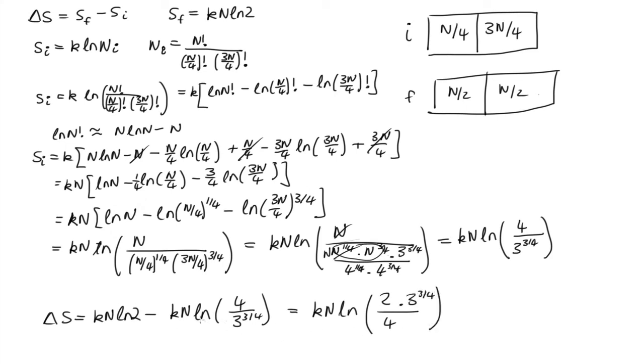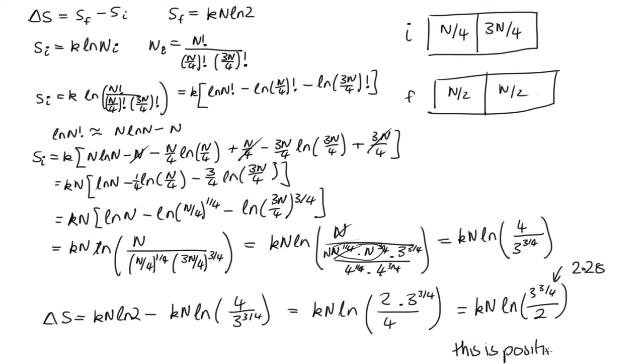Just putting these log functions together, we divide this by this. And so this is equal to Kn log of 3 to the 3/4 over 2. Now 3 to the power of 3/4 is approximately 2.28. So the point is it's bigger than 2.